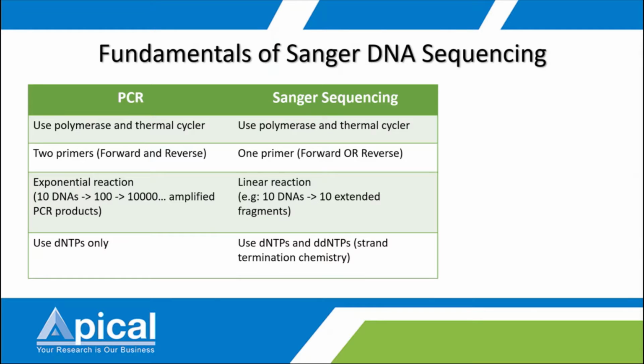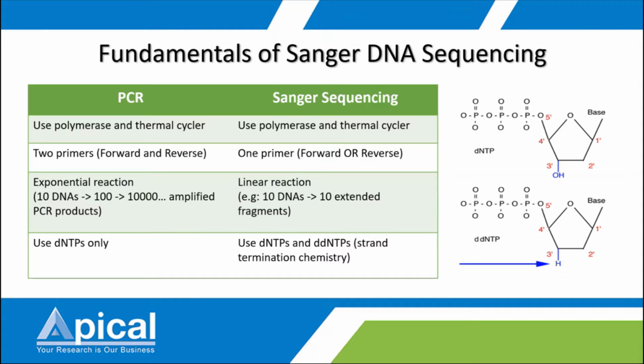But the difference is that in PCR we have the dNTP. The dNTP has a 3' hydroxyl group in the base that allows the formation of a covalent bond with the next coming nucleotide. While in sequencing, we have something that we call ddNTP.